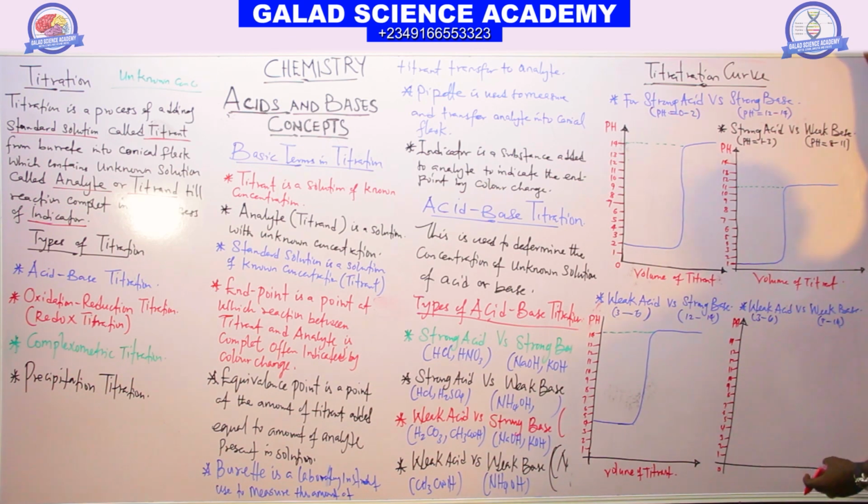What will be the graph now? 3 to 6 and 8 to 14. So the graph started from here. Can start from 4. Start from 4. Go up. Get to 11.